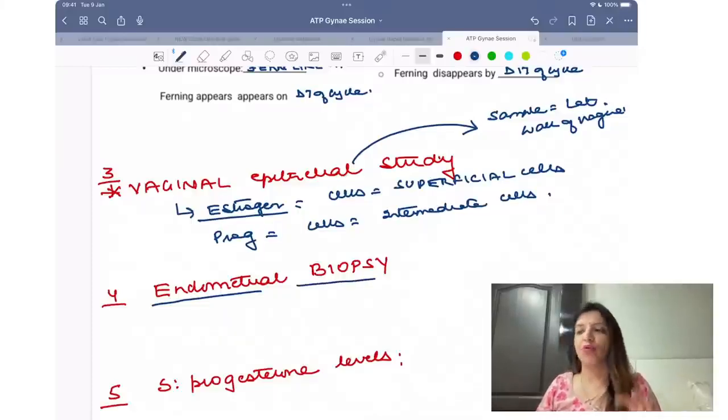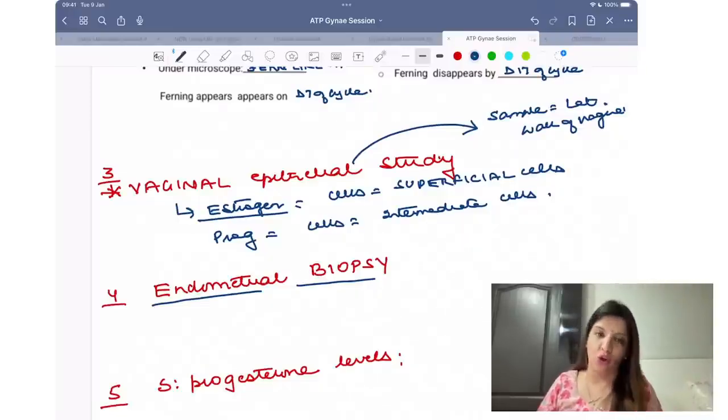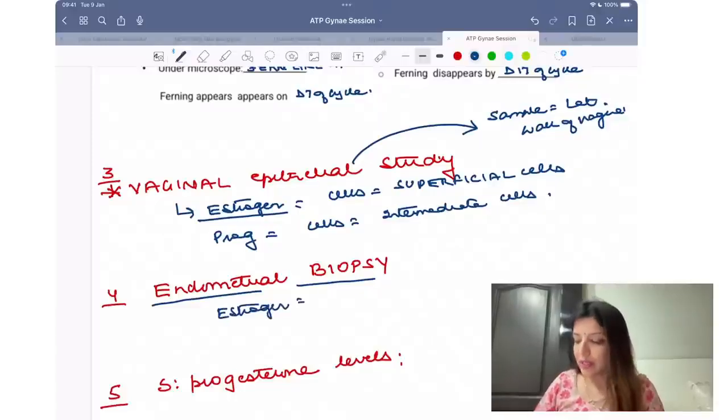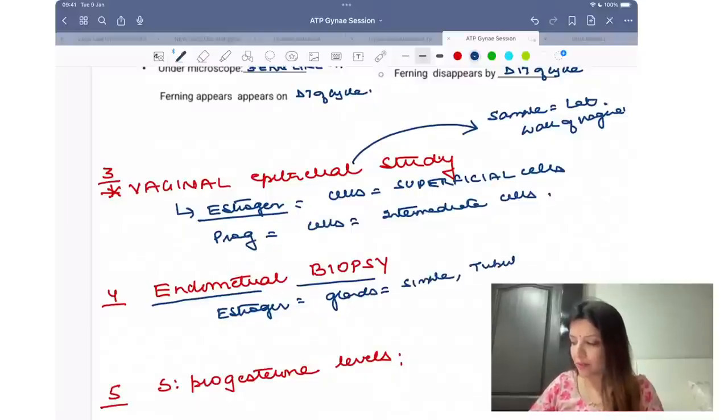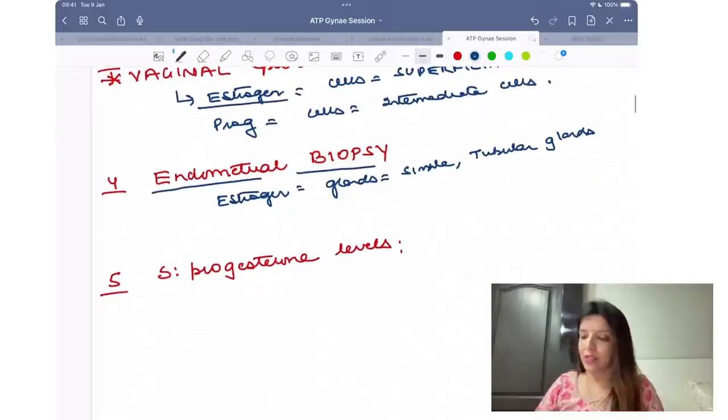Then you can do endometrial biopsy. Endometrial biopsy can also tell you whether a female has ovulated or not. Under the effect of estrogen, the glands which you get are simple tubular glands.